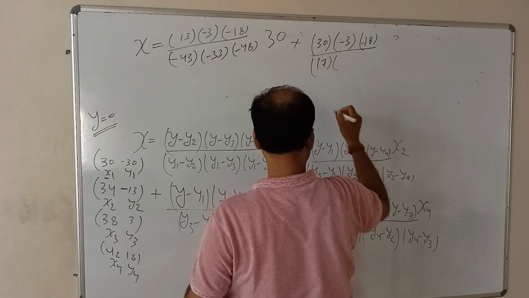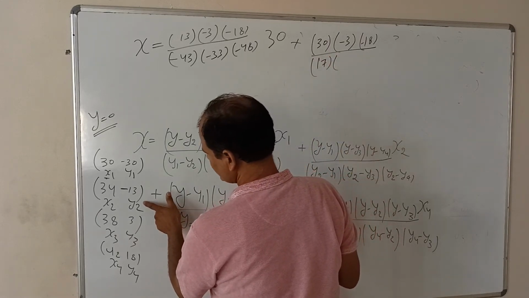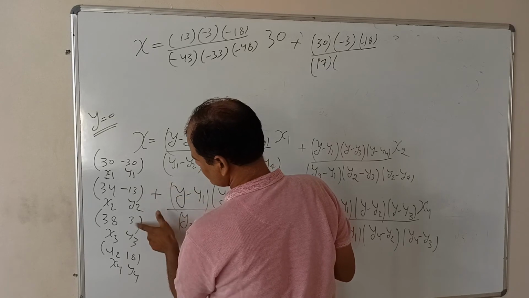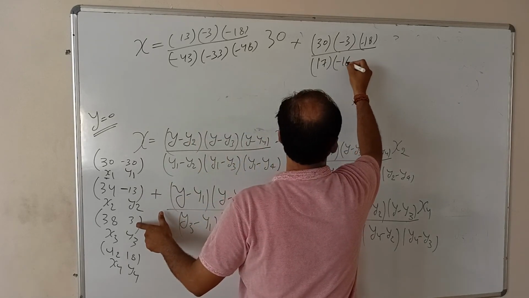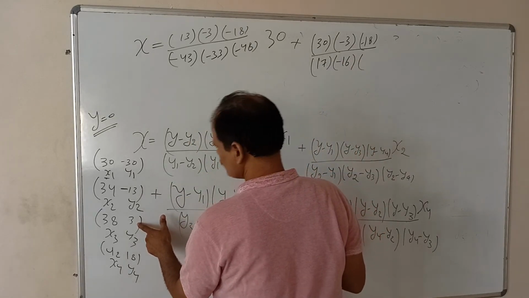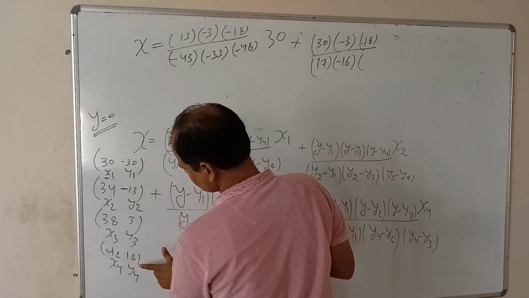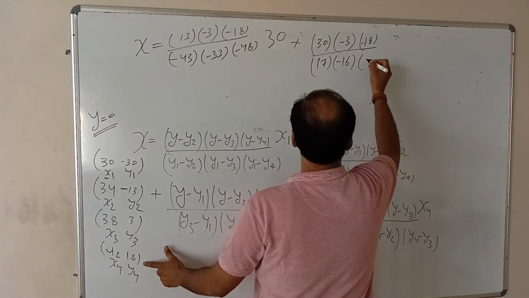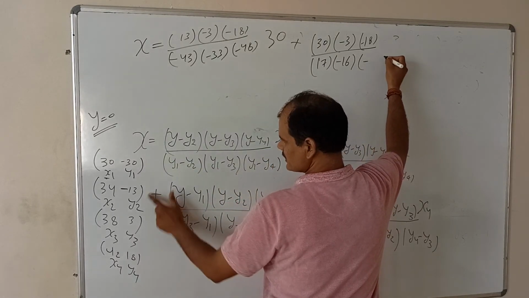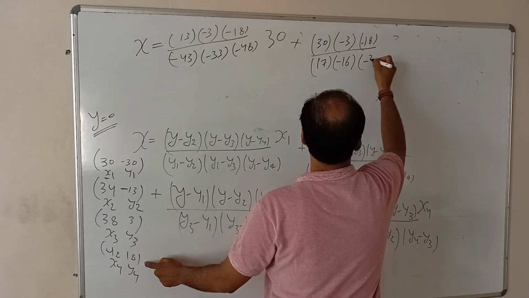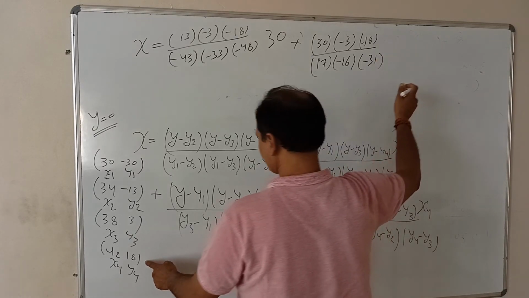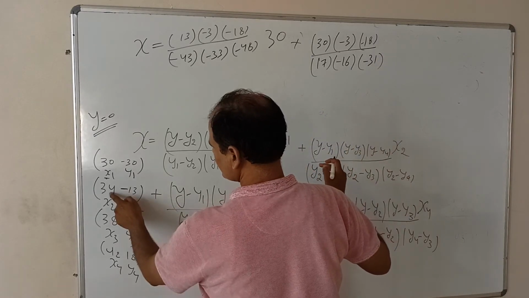Fine, okay. y2 minus y3, so minus 13 minus 3, minus 16, into y2 minus y4, so minus 13 minus 18, so minus 31, into x2, your x2 is 34.